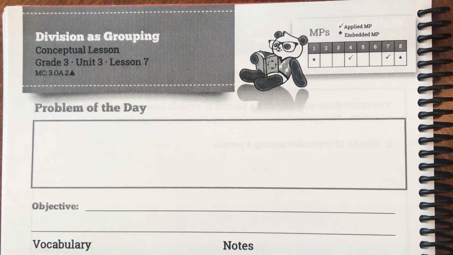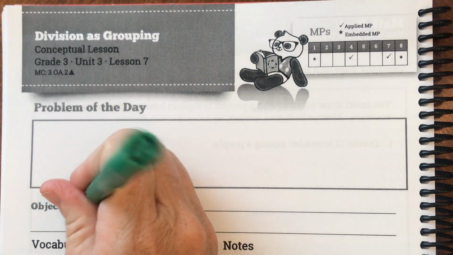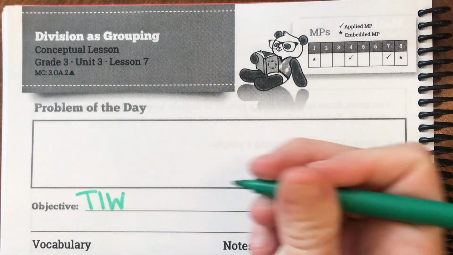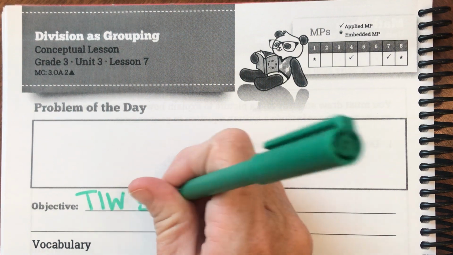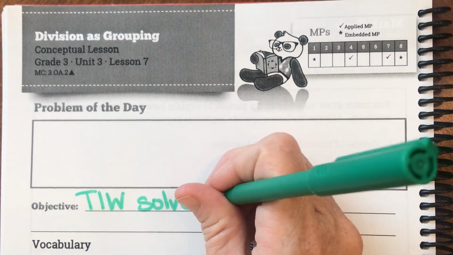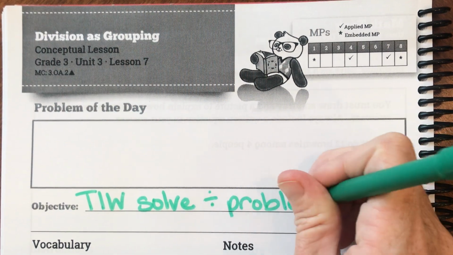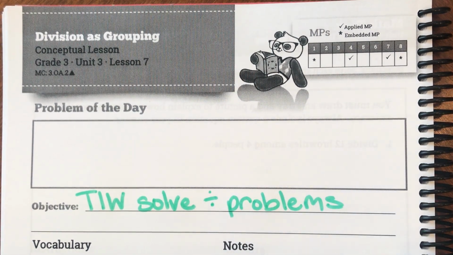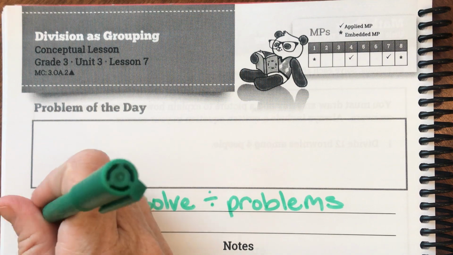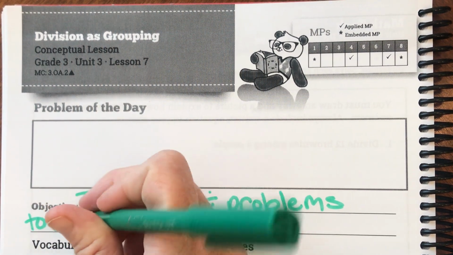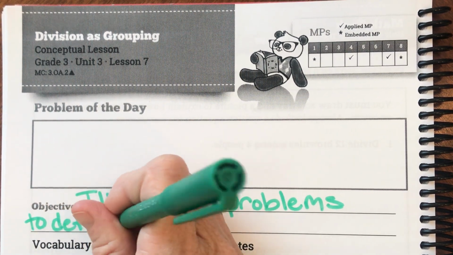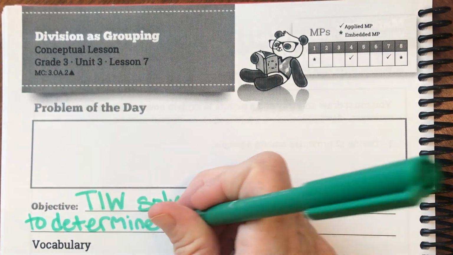Today we're on page 203, and our objective today is: today I will solve division problems to determine the number of groups.